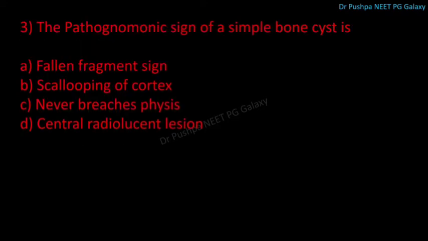The next question is, the pathognomonic sign of simple bone cyst is fallen fragment sign, scalloping of cortex, it never breaches the physis, or central radiolucent lesion. The correct answer is fallen fragment sign. It represents that the fractured fragment of bone settles to the most dependent portion of the cyst because of its unicompartmental nature.